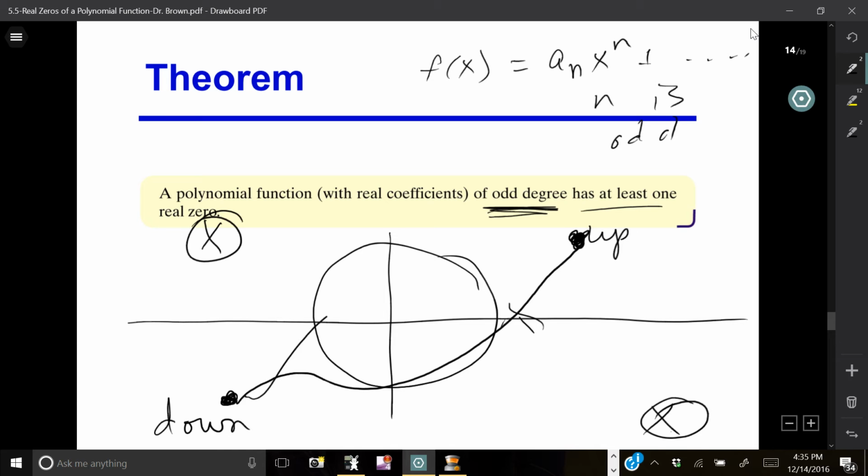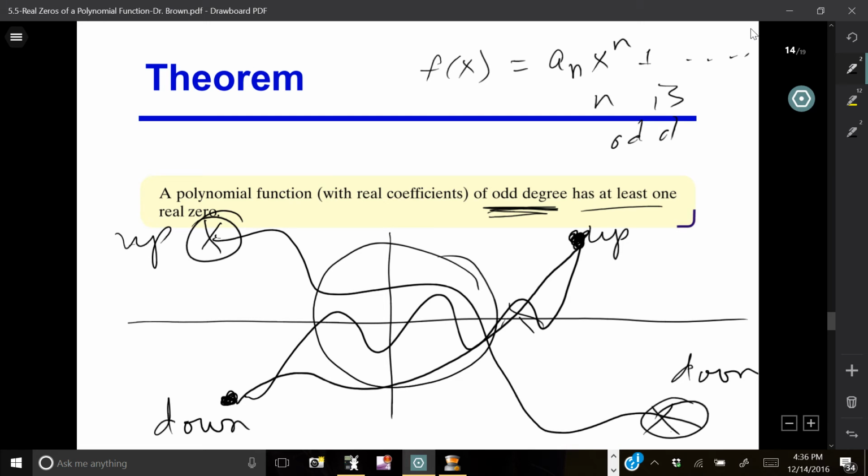It could do it more, but it's got to cross at least once. By the same token, if it's up on the left and down on the right, and it's a continuous function, it's got to go through at least once. So anytime you see a polynomial of odd degree, it's got to have at least one real zero. It could have more than one, but it's got to have at least one.